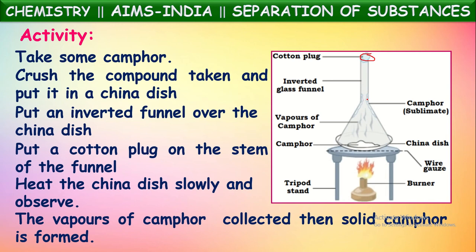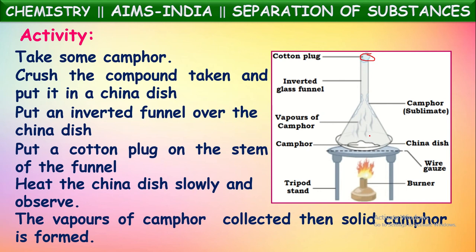Generally, this technique is used to separate sublimable solids from other solids. For example, if you take common salt with naphthalene, a mixture of these two, both actually look the same, so we cannot separate them by any other technique. If you heat the mixture of these two, what happens? Sodium chloride, or common salt, will remain in the container, and the sublimable naphthalene will evaporate, will be sublimed.